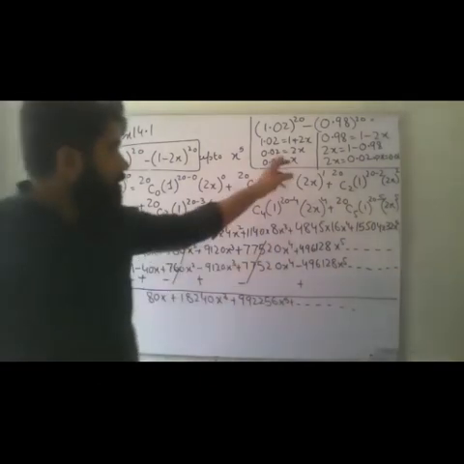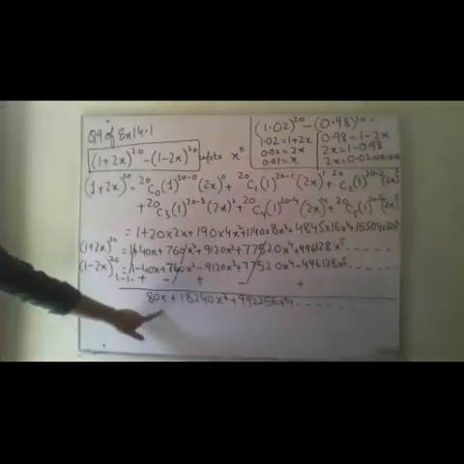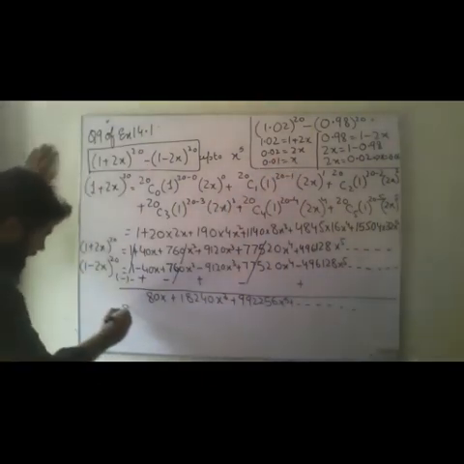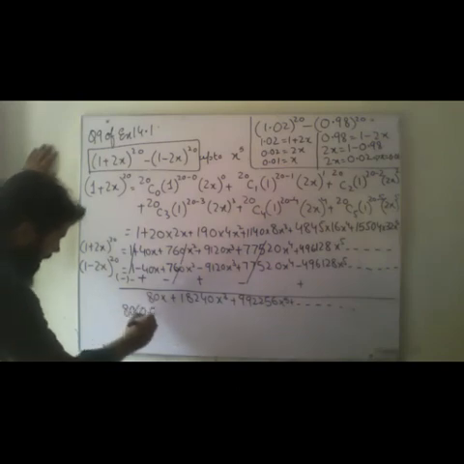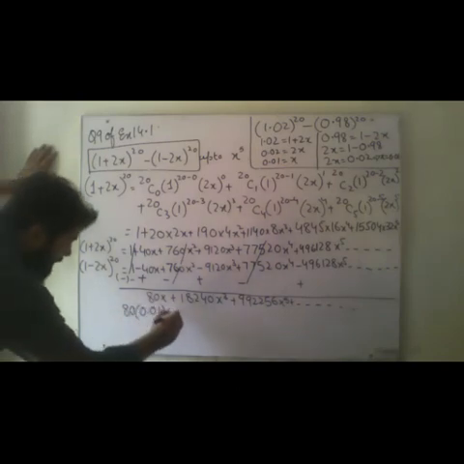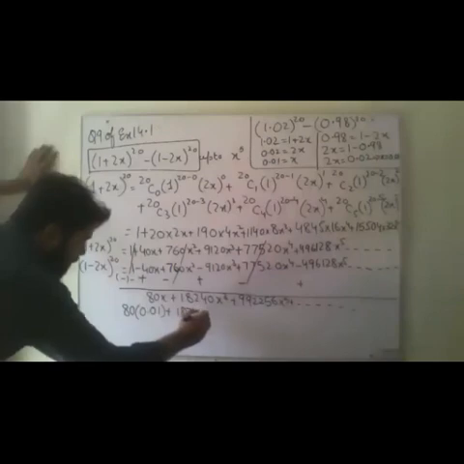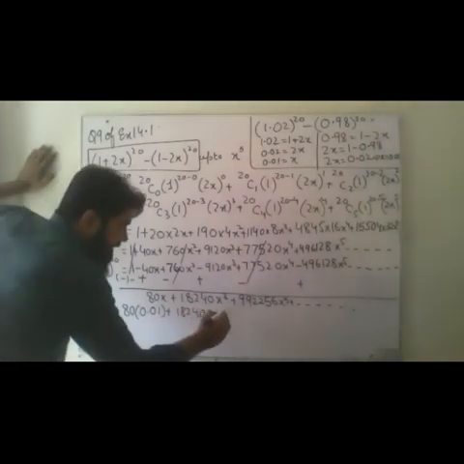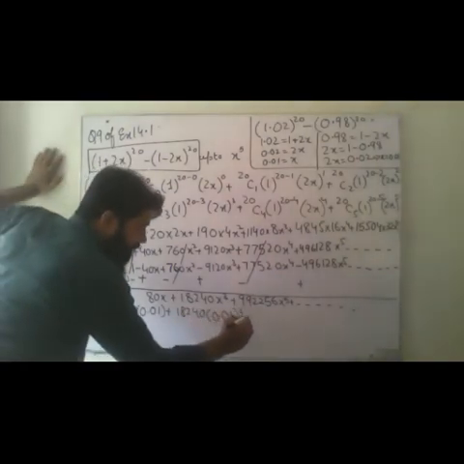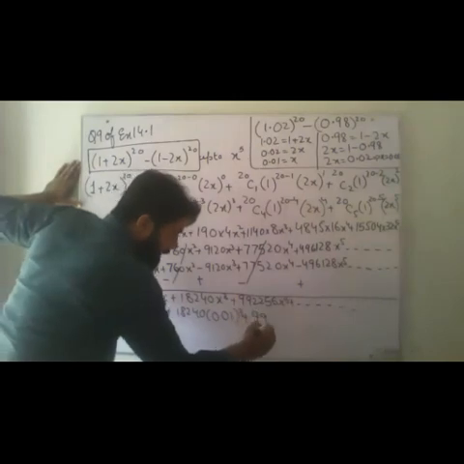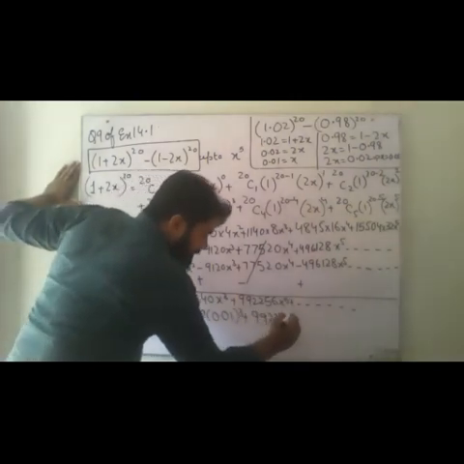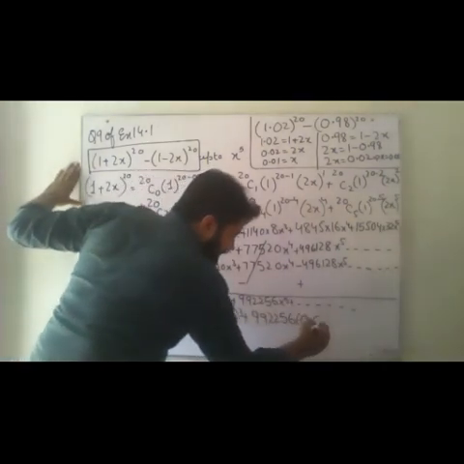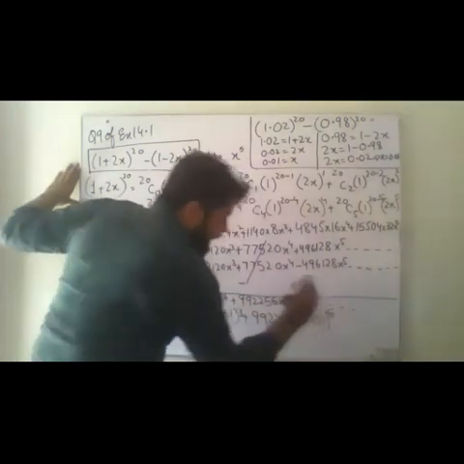What do you do? You will take this value, plot it over here. 80 into 0.01 plus 18240 into 0.01 whole cube plus 992256 into 0.01 whole power 5.